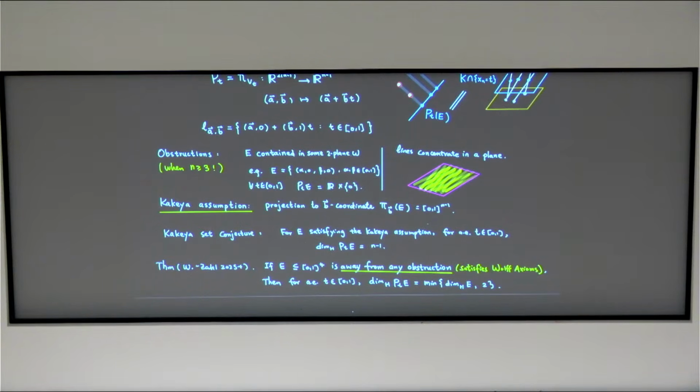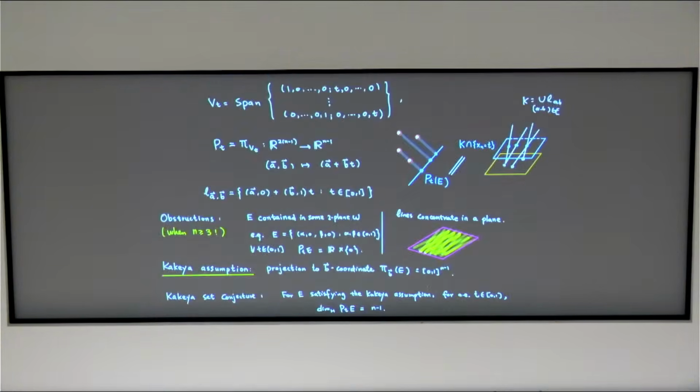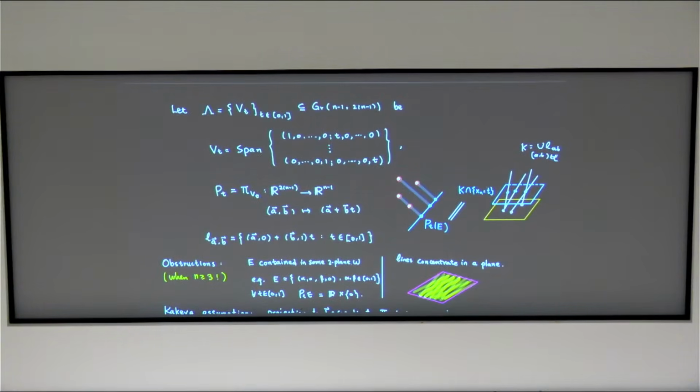Okay. So the point is just trying to translate what we have discussed so far about Kakeya sets into the more general framework about restricted projection. And as you can see, this is a very particular curve with obstructions.